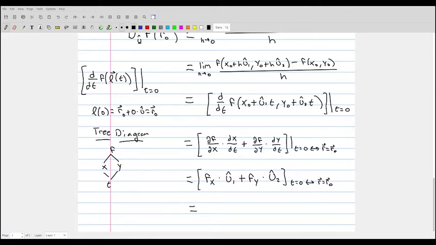So we can rewrite this expression a little bit more and see that this is the same thing as the dot product of the vector fx, fy evaluated at the point r naught, with the vector u1 hat, u2 hat.